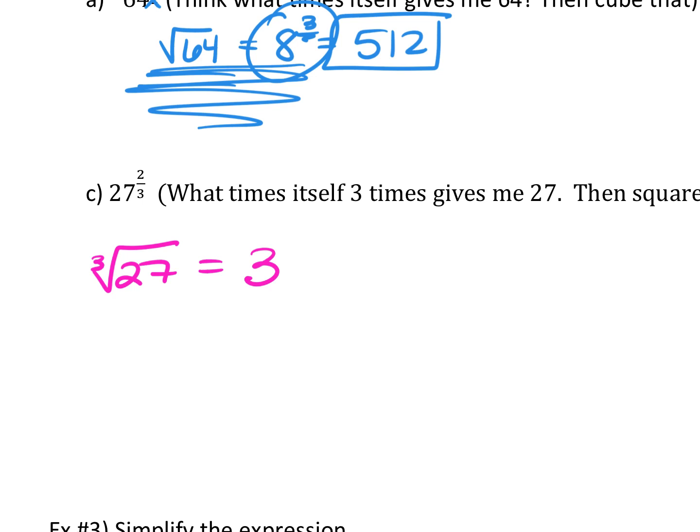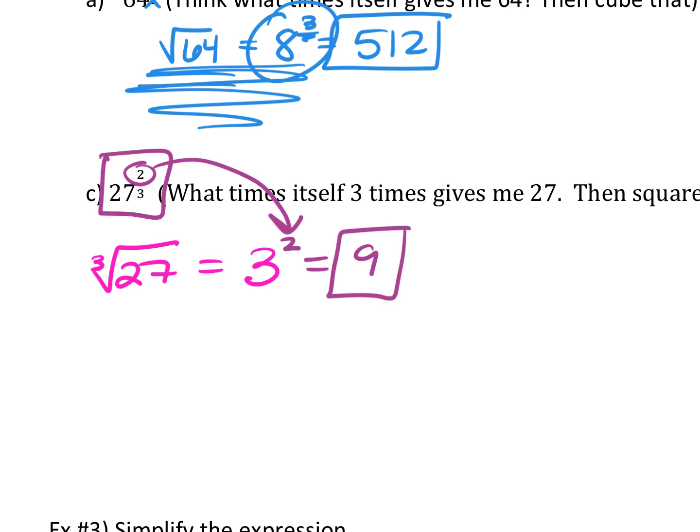Okay, then you can take your power. So 3 to the 2nd power is 9. So 27 to the 2/3 power is equal to 9. Does that make sense? So it's a 2-step process. You're going to take the root, and then once you've taken the root, then you're going to take it to the power. Okay?